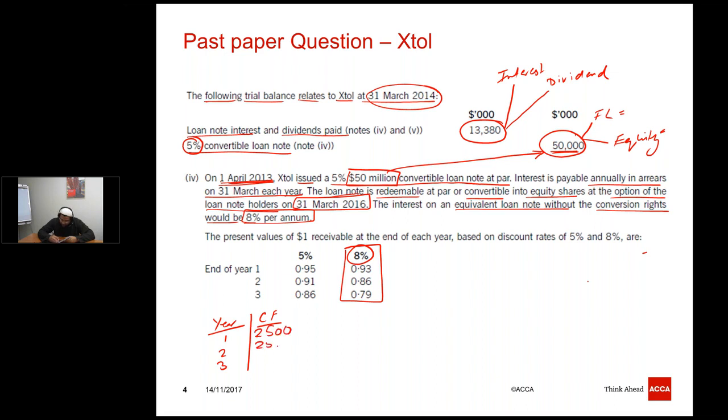Year 1, 2,500, year 2, 2,500, and year 3, this will become 52,500. 2,500 of interest and 50,000 of loan repayment. So the total would become 52,500. The discount factors will be 0.93, 0.86, and 0.79.